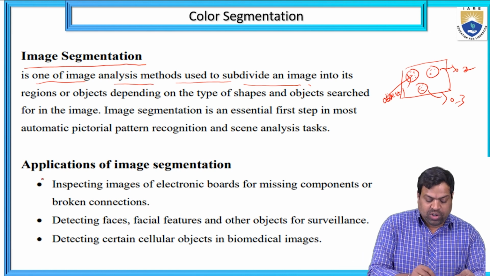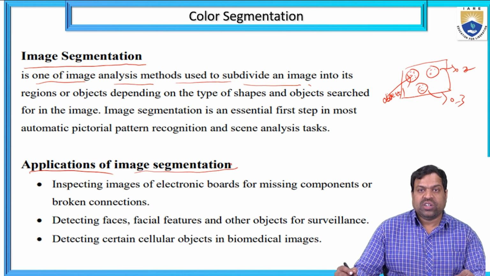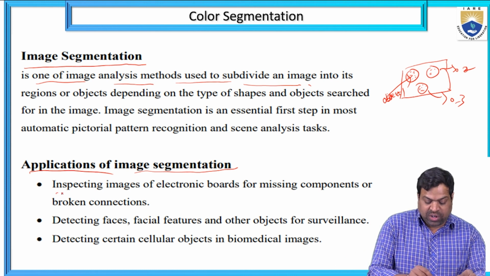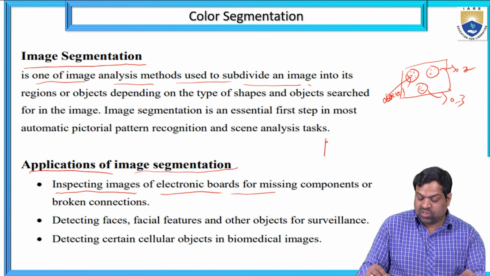What are the applications of image segmentation? Inspecting images of electronic boards for missing components or broken connections, detecting faces, facial features and other objects for surveillance, and detecting certain cellular objects in biomedical images. In inspecting electronic boards, there are different types of ICs.